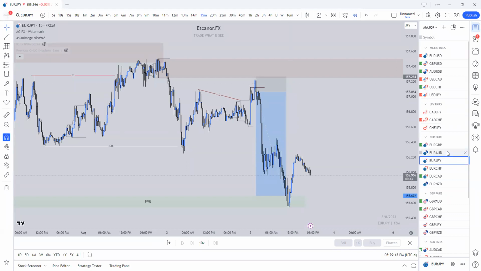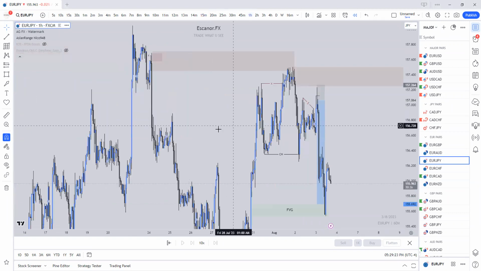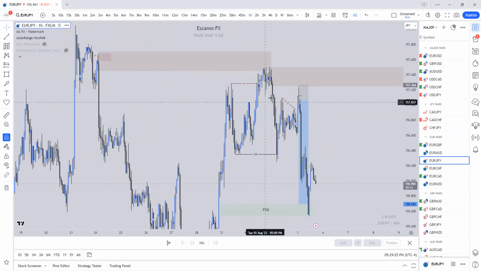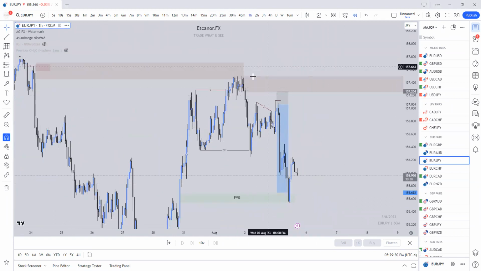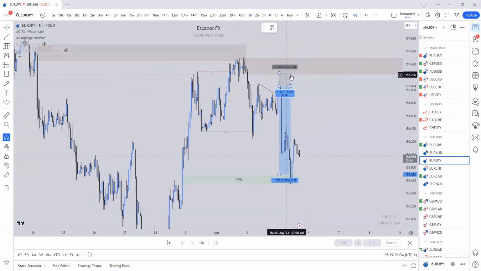I wasn't looking at Euro JPY at all, but when he asked me about a probable short from this 1 hour order block, we reanalyzed this pair and I said it's probably going to play out. I set my limit but it didn't take me in, so I hope some of our members in the private Discord took it.